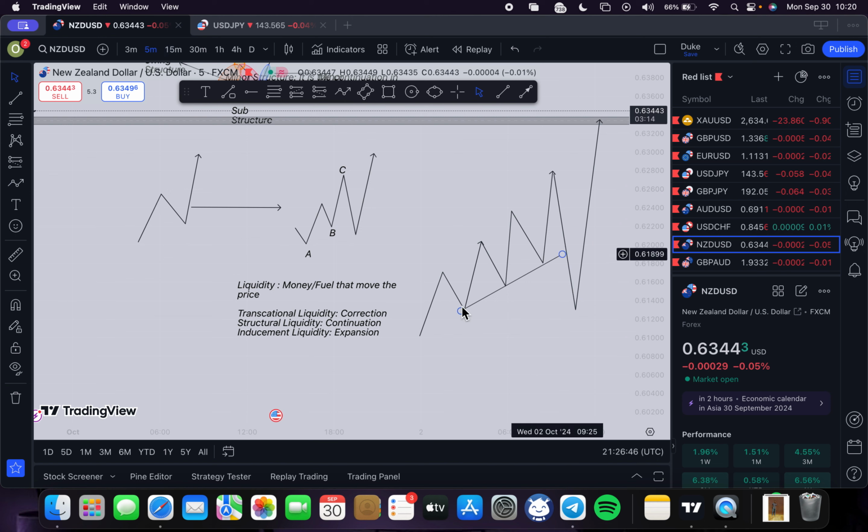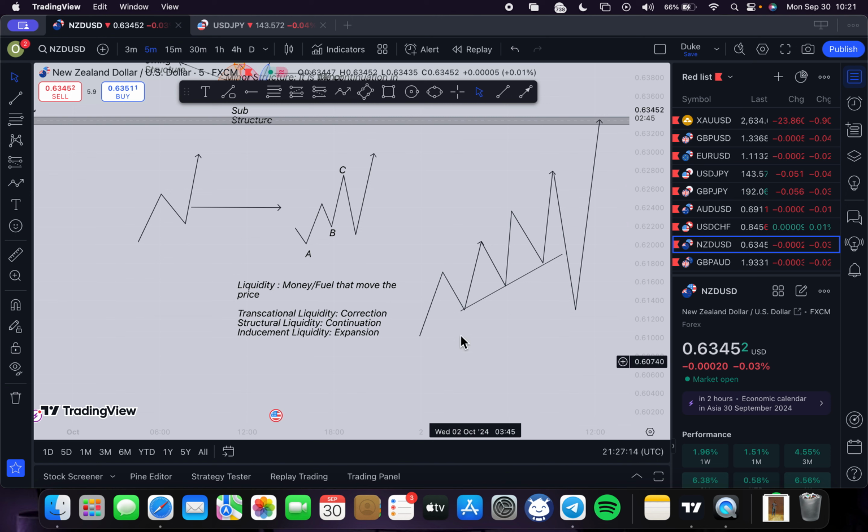Let's say you came here, you saw your higher low, you marked it out with your Fibonacci 50% or 62%. Then you took your buys. It went your way. The second one went your way. The third one went your way. Then all of a sudden you saw price dipping into those three places where you took your trades, then continuing the upside.